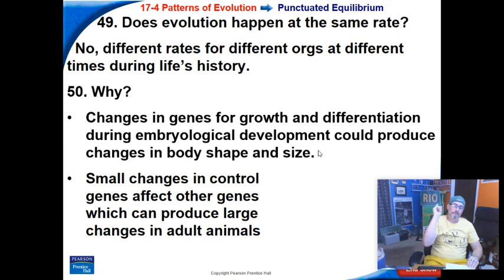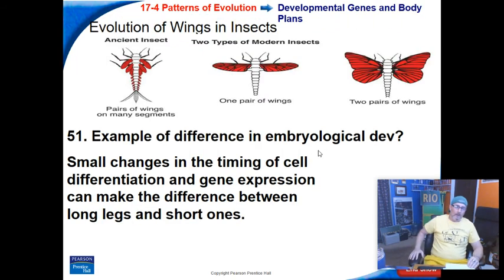All right, moving ahead. All right, so evolution of wings, this is an example. So small changes in the timing of cell differentiation and gene expression can make the difference between long legs and short ones, or really short paired wings, or one really large pair of wings, or two medium-sized pairs of wings.